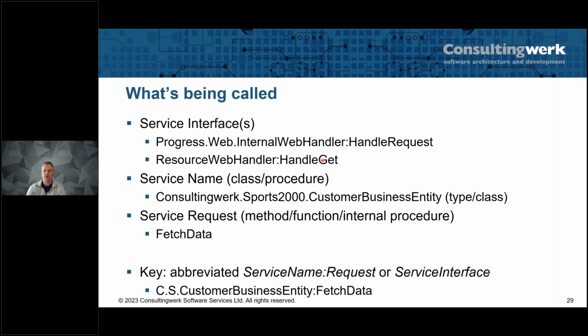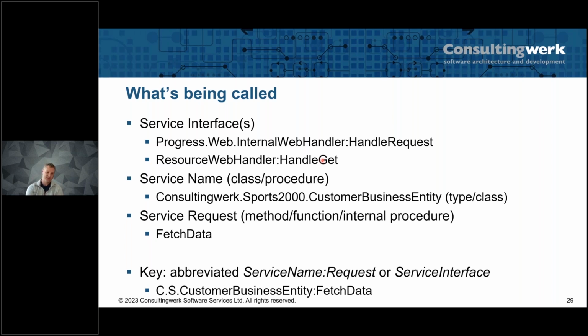So all requests to all business entities, so customers, orders, items, whatever it might be, will all run through that same web handler. So a handle get there doesn't tell us anything about what it actually is. The URL might, that could be useful. That might say /customers. But again, even then, there's this abstraction between the URL and the business logic that runs. So that's the information we really, really need to gather.